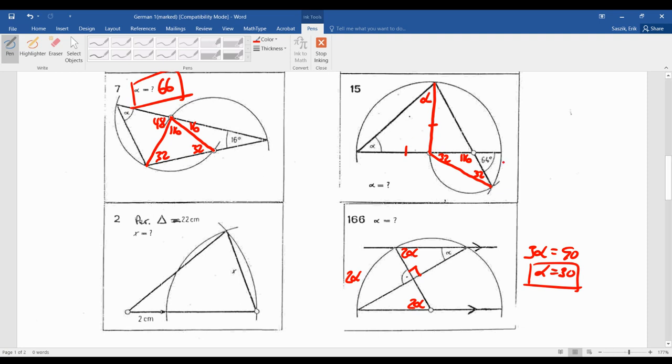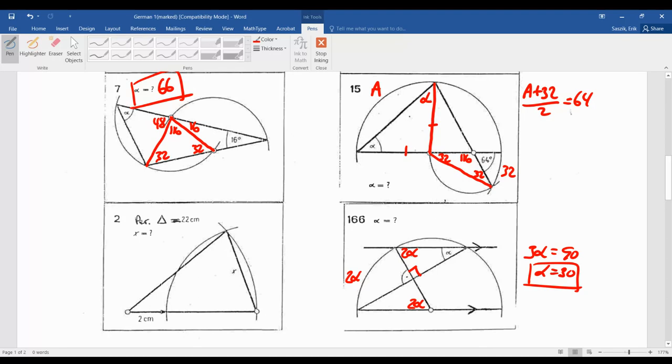So if that's 32, this would have to be 32. I'm going to call this A up here. So A, this arc, plus this arc over here, over 2 has to give me this 64, right? Because that's a chord angle.